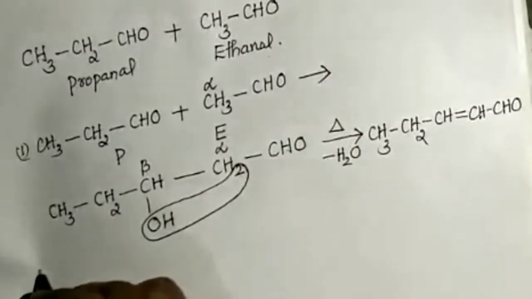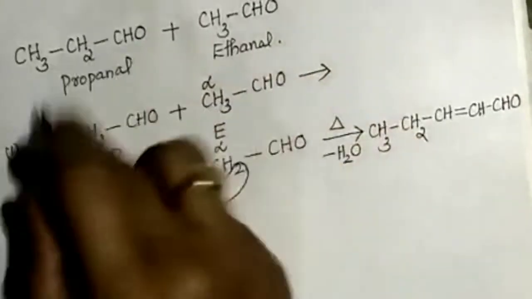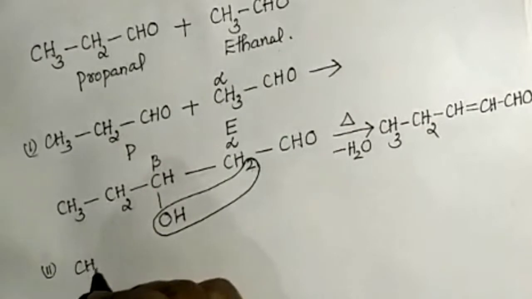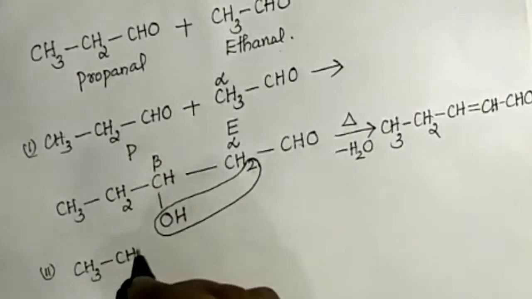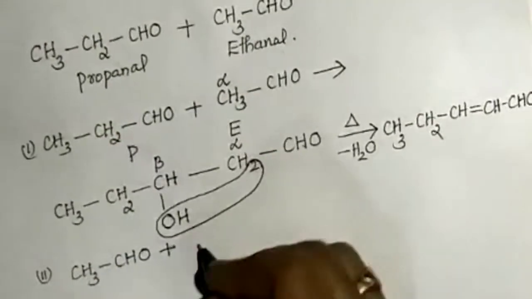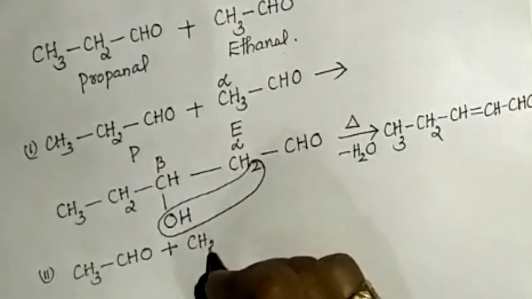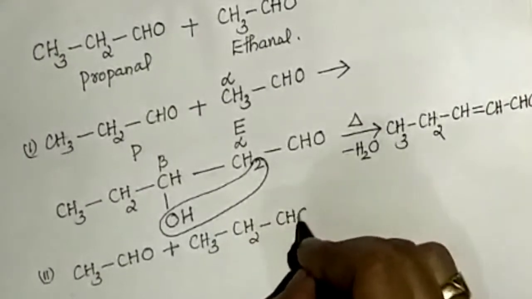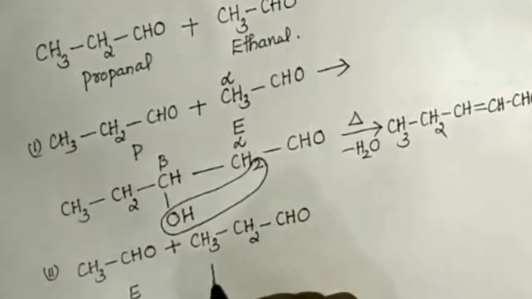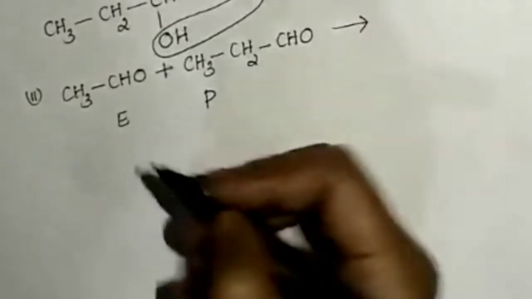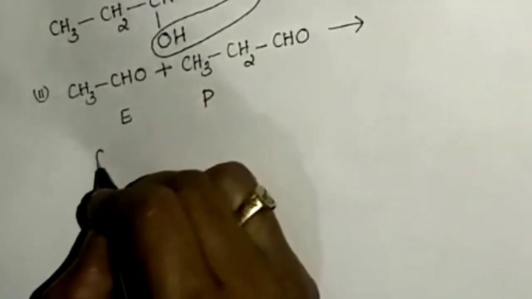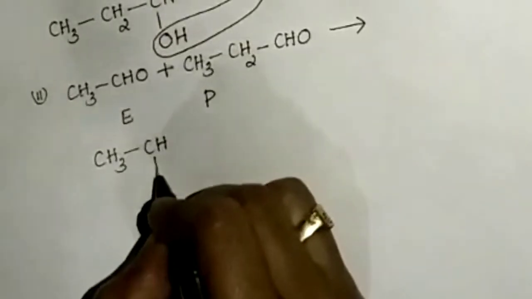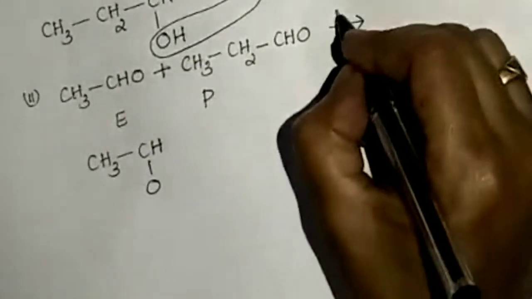The next one is the second possibility, ethanal plus propanal: ethanal, CH3CHO, plus propanal, CH3CH2CHO. The first aldehyde is written like this, CH3CHO, in the presence of dilute alkali.